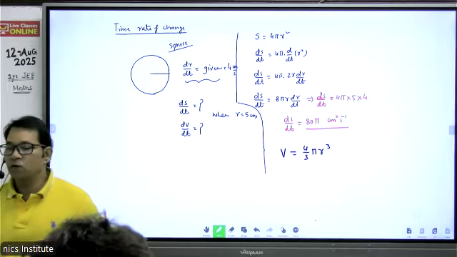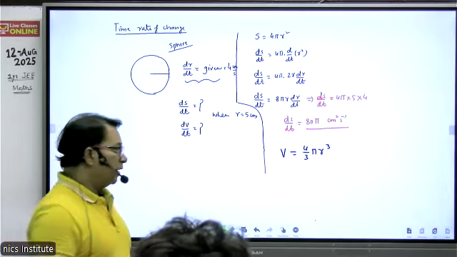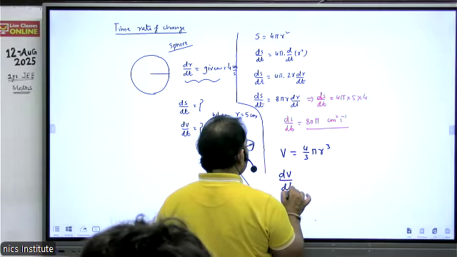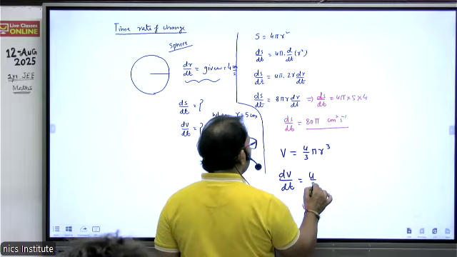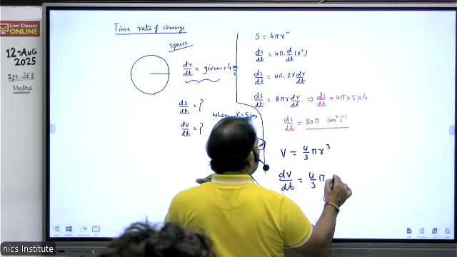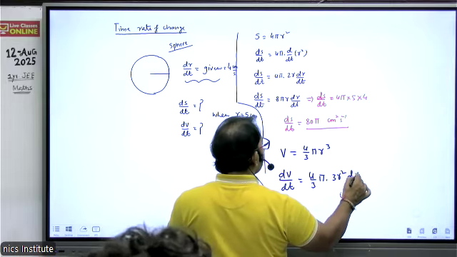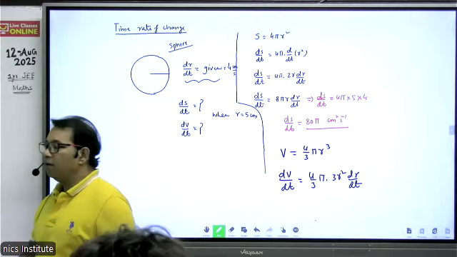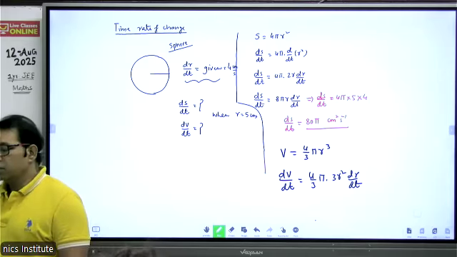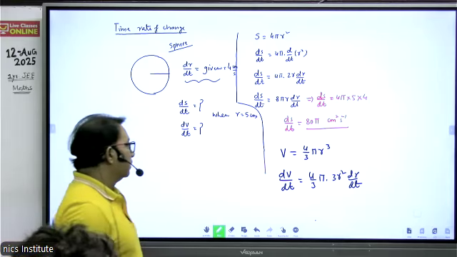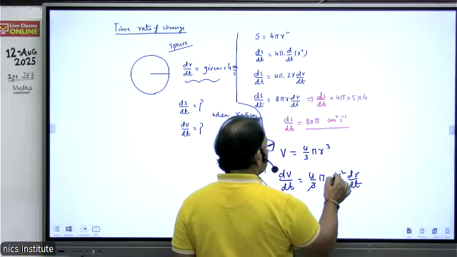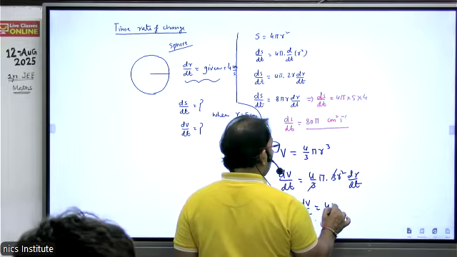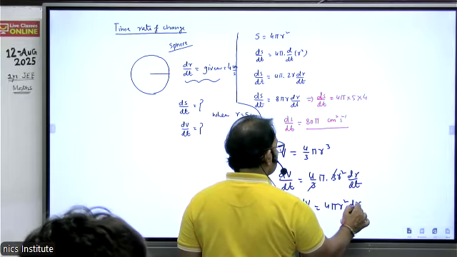We differentiate this with respect to time, and you get dV by dt. 4 by 3 pi, the derivative of r cube would be 3r square dr by dt. 3 and 3 cancel out. So dV by dt will be 4 pi r square dr by dt.